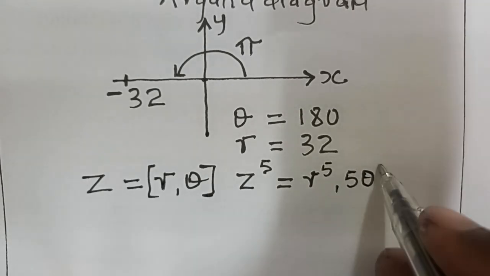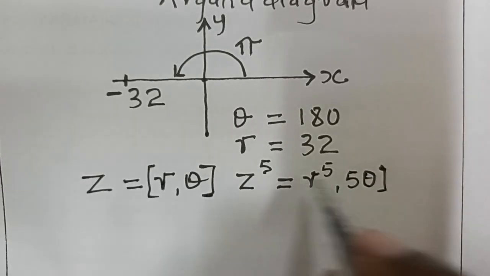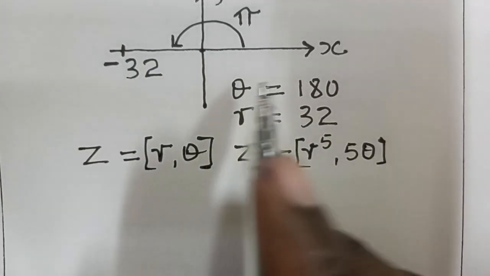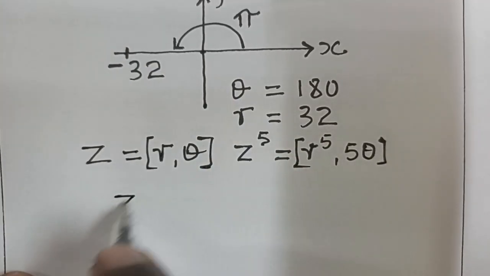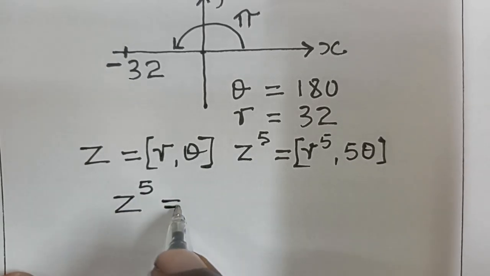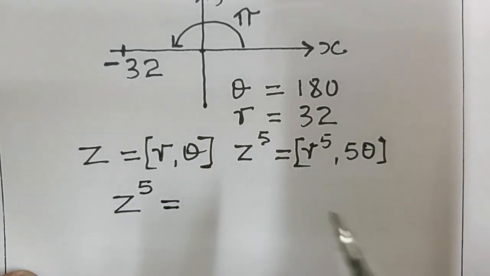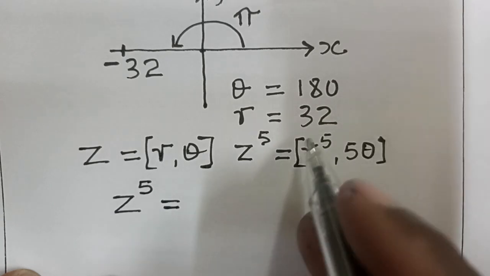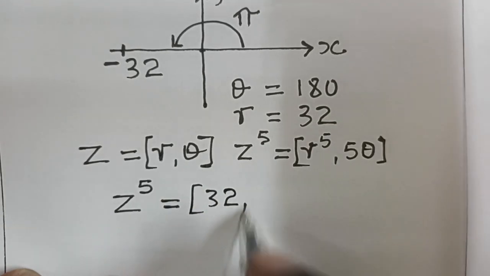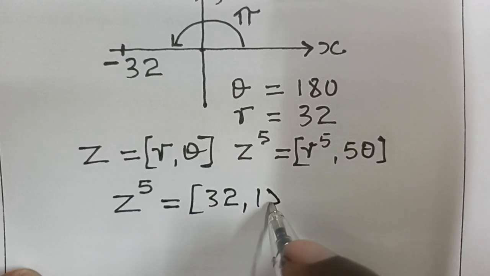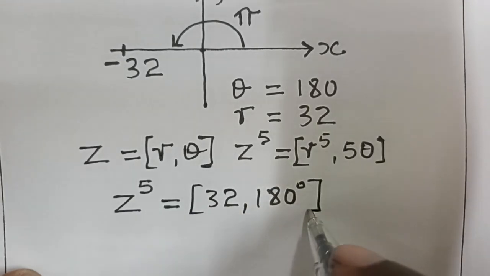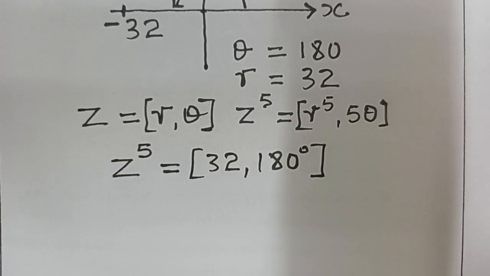That is now De Moivre's theorem. Now we go back to the equation. The equation we have is z raised to 5 is equal to r, which is 32, and 180 degrees.